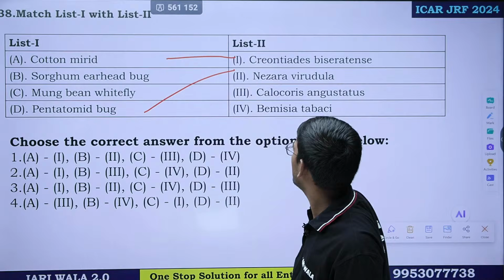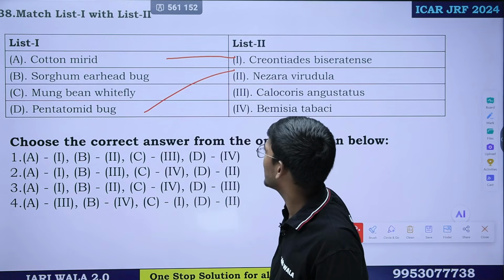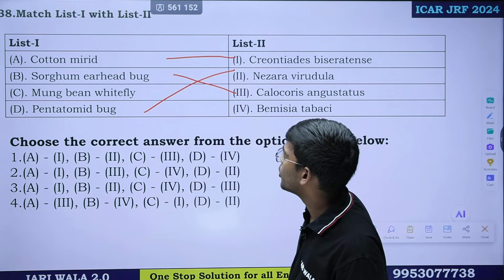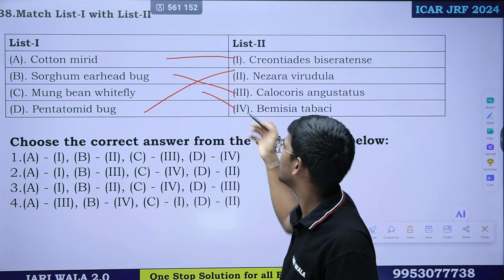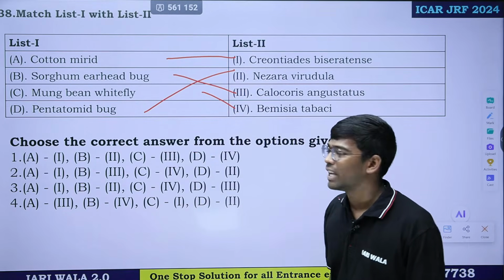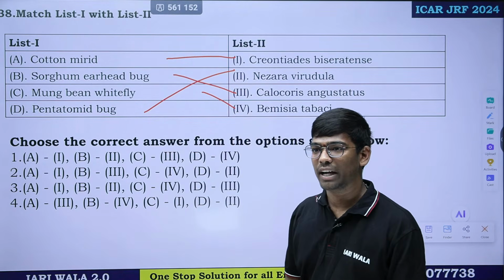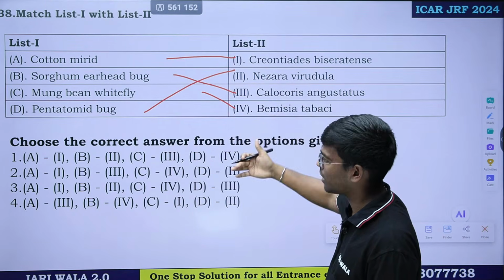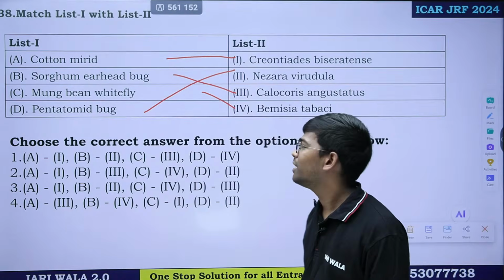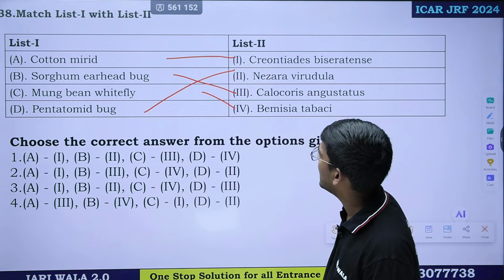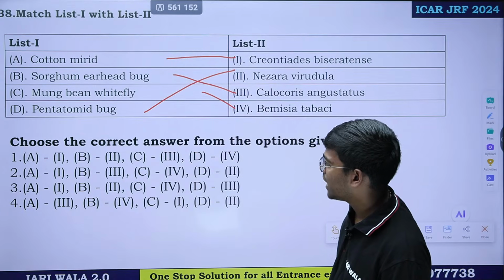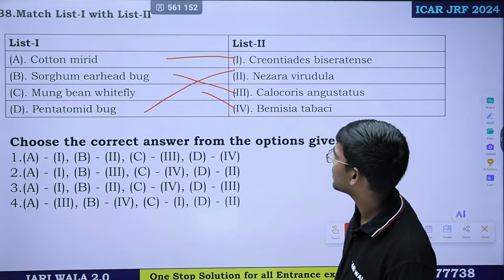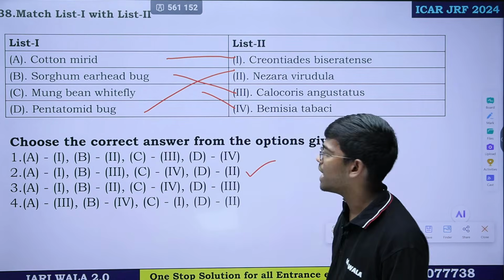And sorghum earhead bug, that is Calocoris angustatus, that is good. Then mung bean whitefly is Bemisia tabaci. This all we know. So even if you don't know the cotton mirid bug scientific name, if you know the rest of the 3 options, you can opt for it easily. Okay. So A1, B3, C4, D2. Yes. Option 2 is the answer.